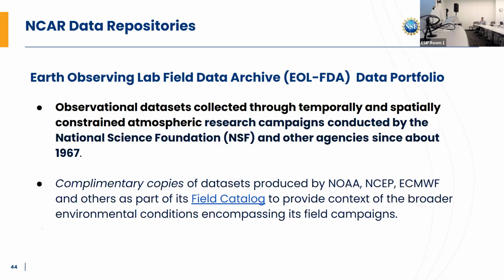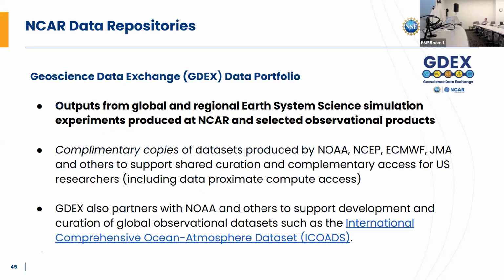The Earth Observing Lab Field Data Archive includes observational data sets collected through temporally and spatially constrained atmospheric research campaigns conducted by the National Science Foundation and other agencies since about 1967. And then finally, the Geosciences Data Exchange includes outputs from global and regional Earth system science simulation experiments produced both at NCAR and by university partners, as well as selected observational products.